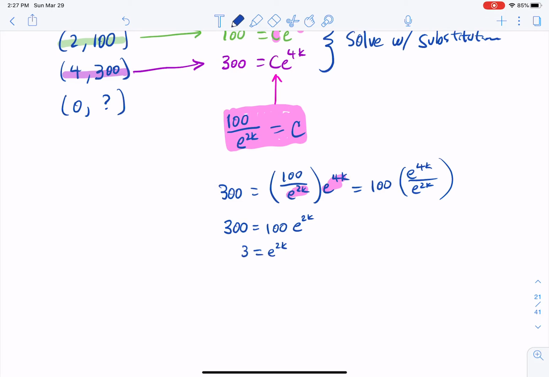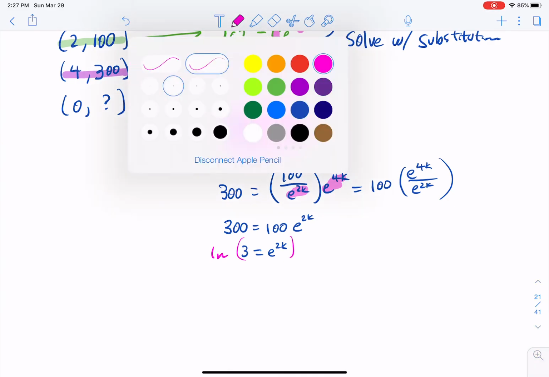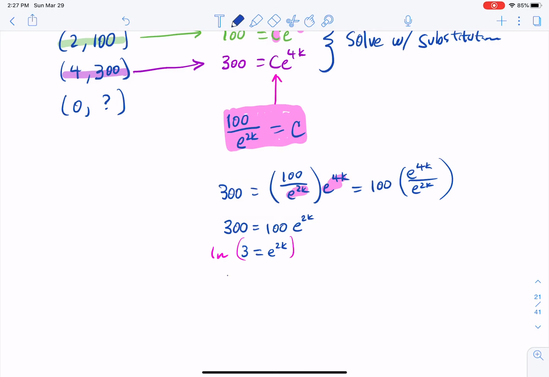I'm going to take the natural log of both sides. So I've got the natural log of 3 is equal to 2k. Divide by 2, and we can see that k is equal to 1/2 the natural log of 3. You could, if you wanted to, rewrite that as the natural log of the square root of 3. Doesn't really matter. All right, so we have our k value.